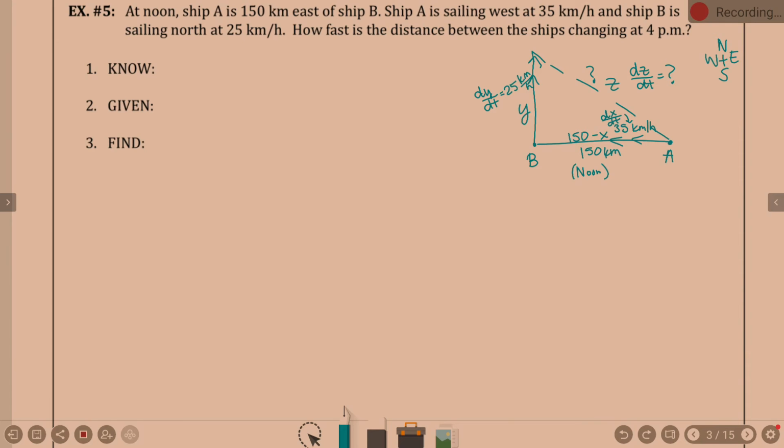So given, we knew that dy/dt was 25 kilometers per hour. dx/dt was 35 kilometers per hour.